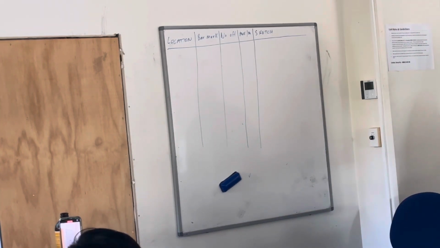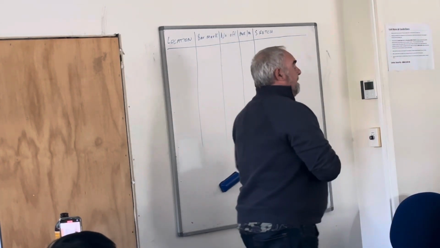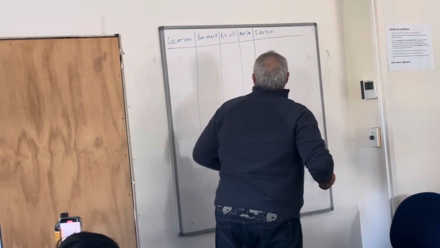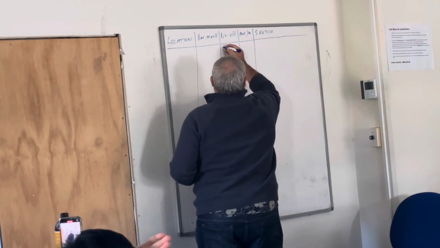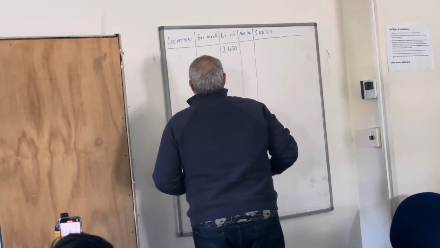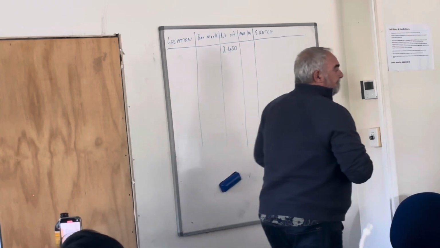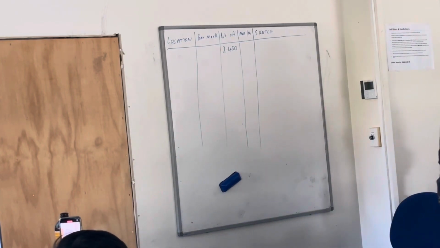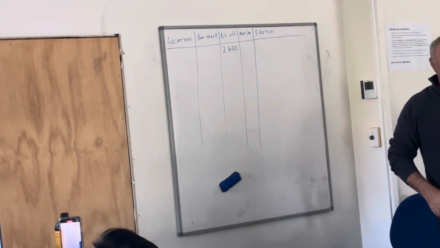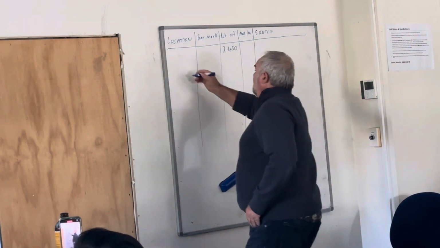So the bar length, we got that at 2450, right? Now, because we're looking at mass per metre, we're going to have to do this in terms of metres, so that's 2.450. The bar mark, what was it called before? 1602.